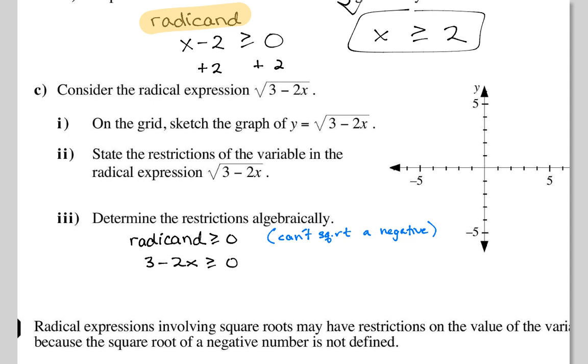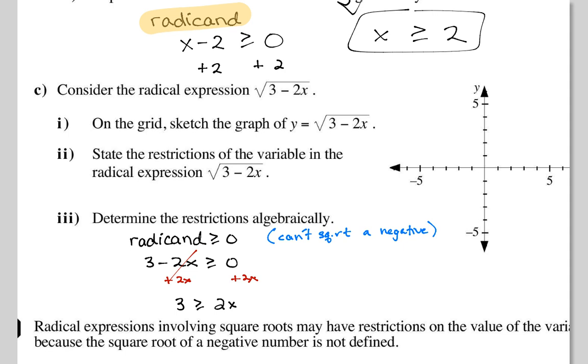Do a little algebra. I'm going to move the 2x to the other side. Then you get that 2x is less or equal 3.